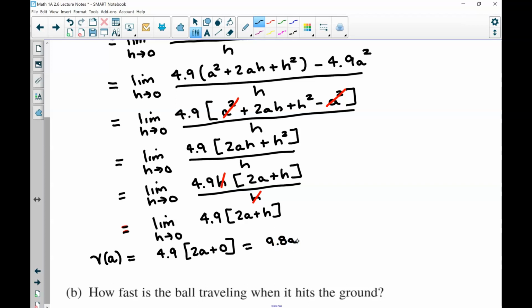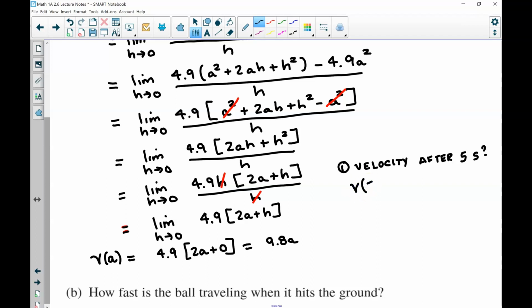So to complete this, we want to be able to find the velocity after 5 seconds. So what is the velocity after 5 seconds? Well, now what we're going to do is plug that into our function here.